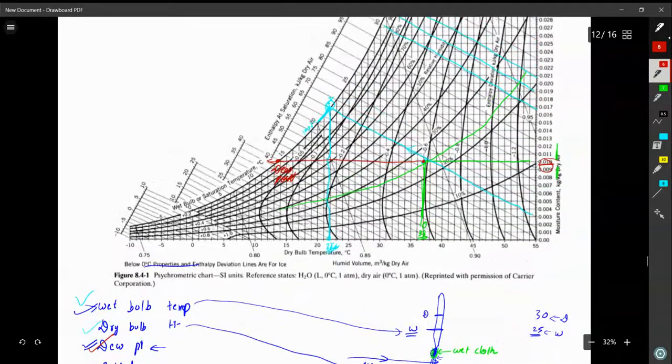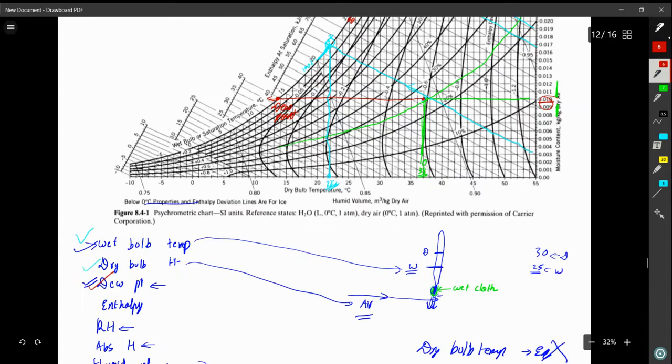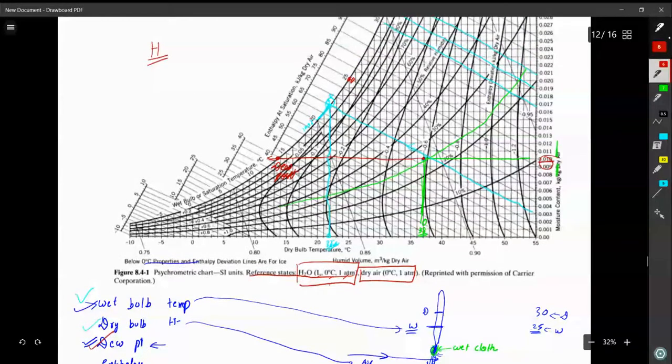Now, let's say I'm already at saturation over here. So I'm defining enthalpy, with the reference state given over here: H2O liquid at 0 degrees Celsius, 1 atmosphere, and dry air at these conditions. With respect to this reference, the enthalpy is this.